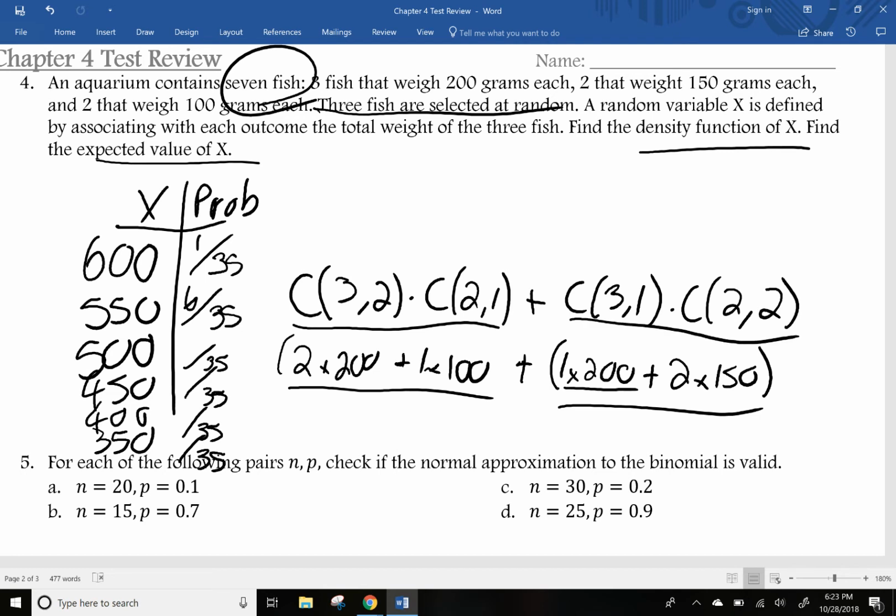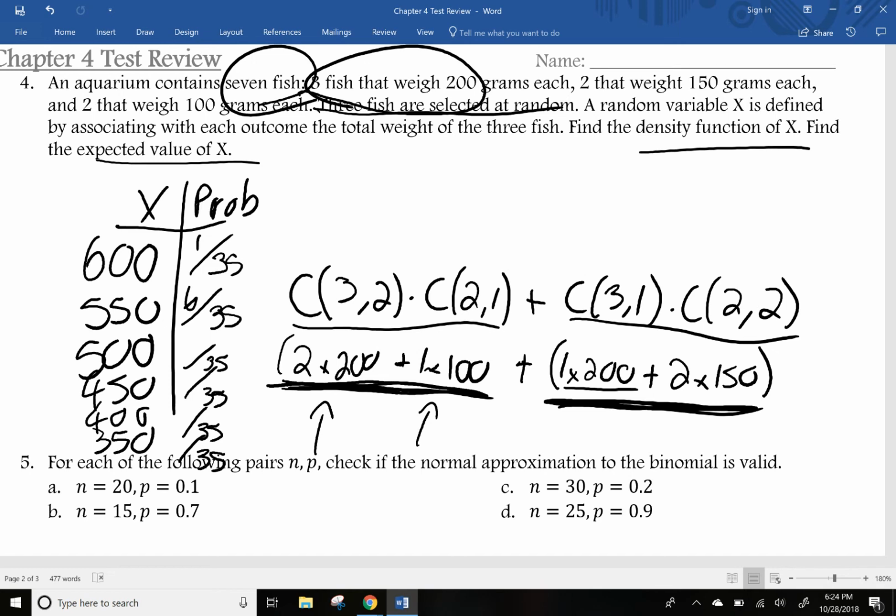If you're confused where those numbers are coming from, remember this is one way to get 500 total grams, and this is the other way to get 500 total grams from the fish that you choose. This first way is 2 fish that are 200 grams each, and remember, there are 3 fish that weigh 200 grams, and you're choosing 2 of them, so that's where that comes from, combined with the 100-gram fish.